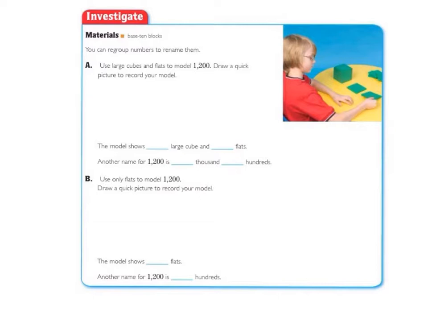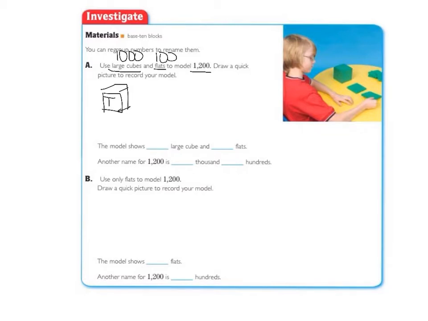In our Unlock the Problem, it says that we're going to use large cubes, remember those are worth 1,000, and flats, which were worth 100, in order to make 1,200. And it wants us to draw a quick picture of our base 10 blocks. So in order to get that first 1,000, we need a large cube that is worth 1,000.